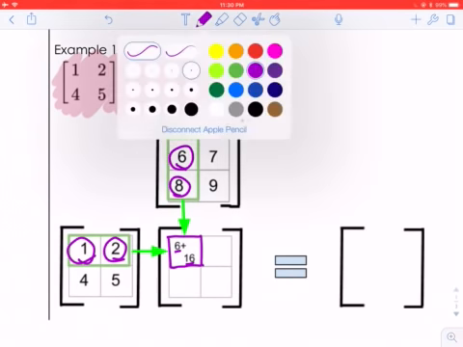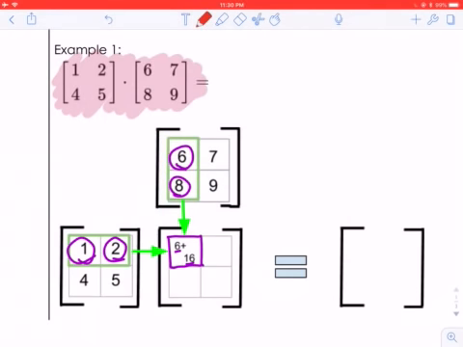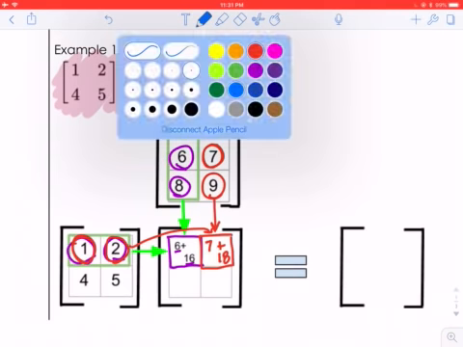Okay. In the second box, we would have 1 times 7, which would be 7, plus 2 times 9, and that would be 18. And that's the red box here. So that's coming in this way for that box there. Okay. From there, I'll use blue.